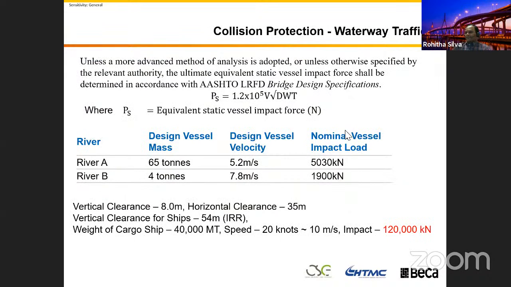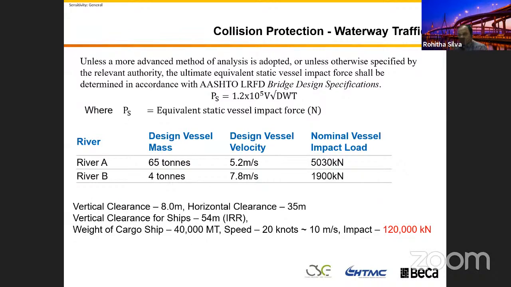And the other thing, I just want to give you a simple example about the collision from a ship. It's very difficult. If you go to a waterway, you can find ships from small 4-ton boats to 40,000 ton. This is a very small range for container ships.